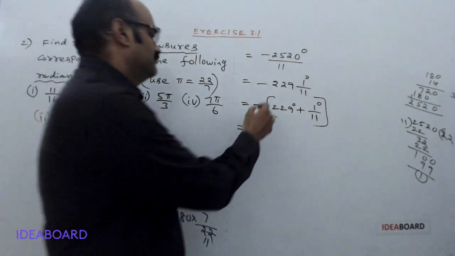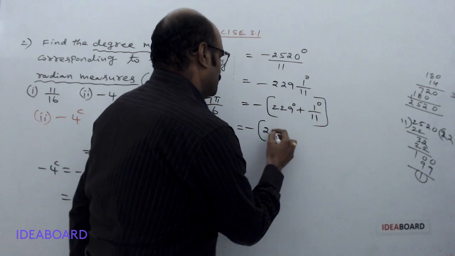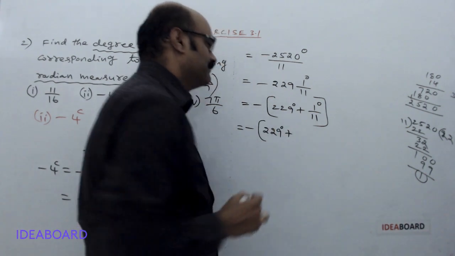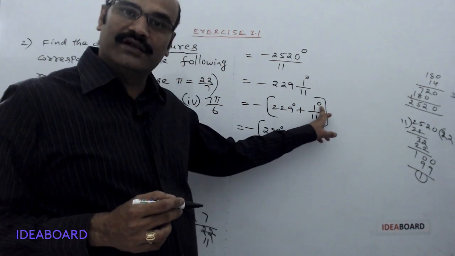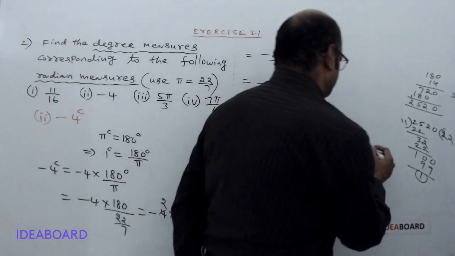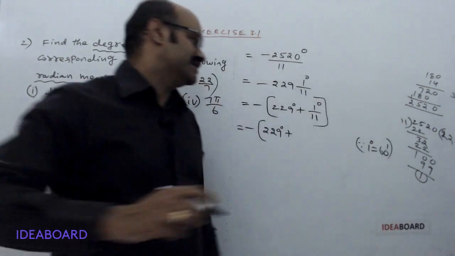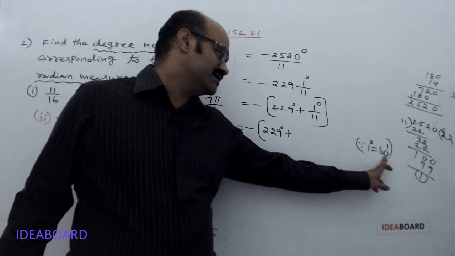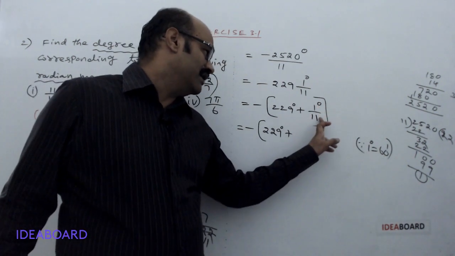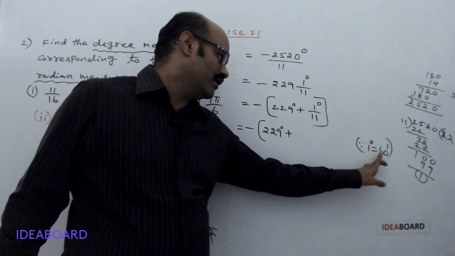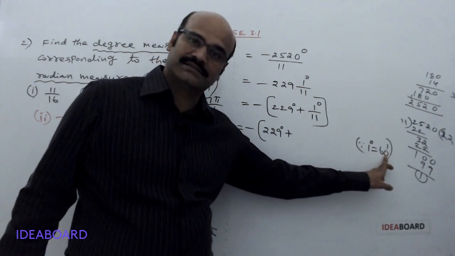We know that 1 degree equals 60 minutes. Since 1 degree equals 60 minutes, 1 by 11 degrees equals 1 by 11 into 60 minutes.